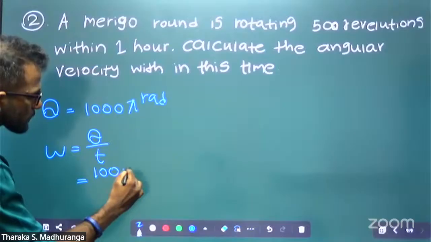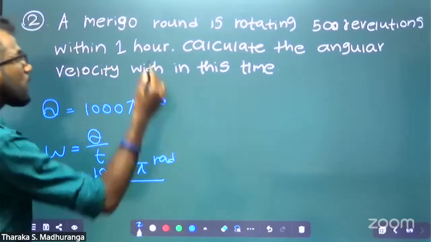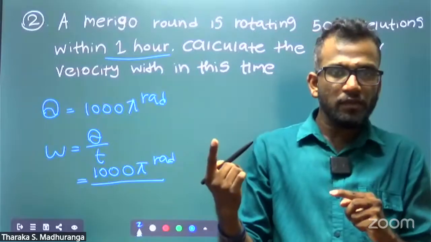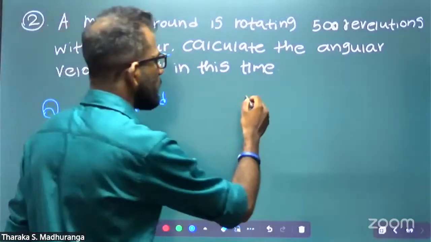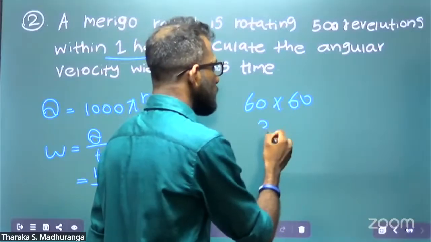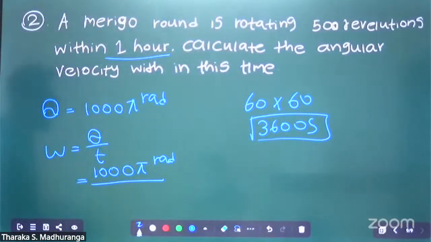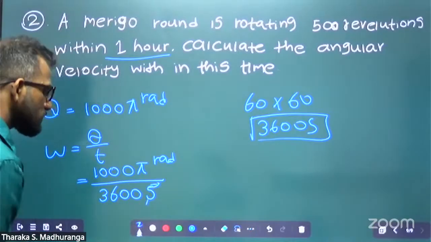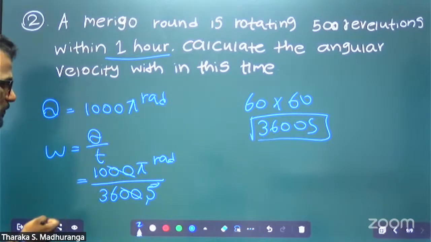The theta 1000π rad, divided by 1 hour, which means how many seconds? 60 into 60, 3600 seconds, because per 1 minute 60 seconds and per 1 hour 60 minutes. Now the 20s cancel out. Then answer.